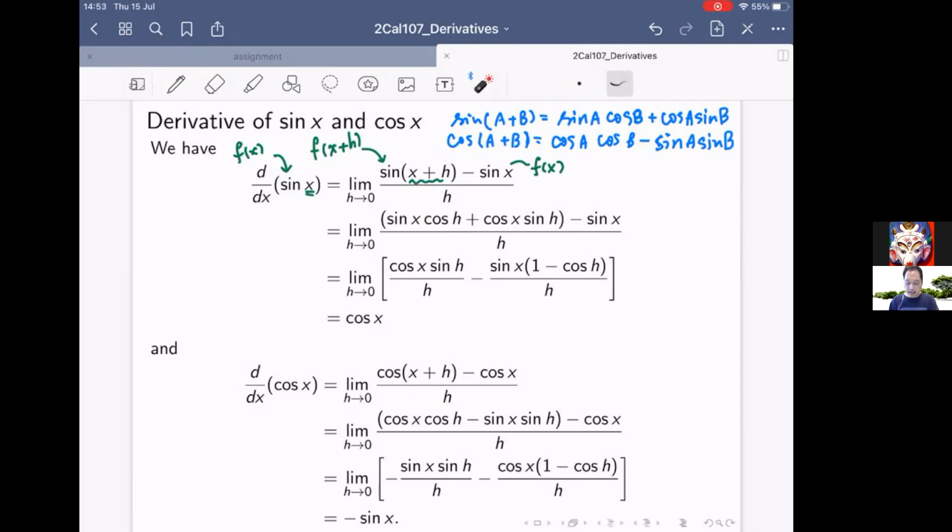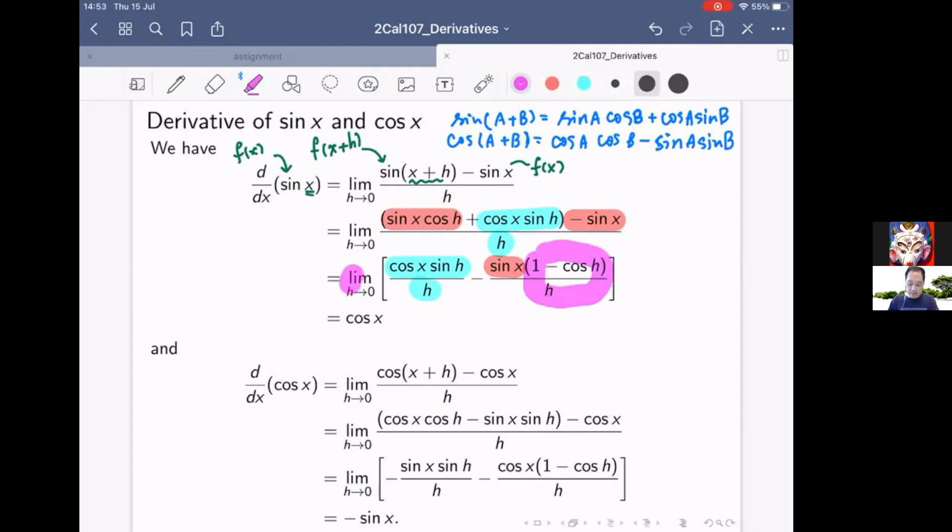And then you manipulate a little bit by looking at this one. Just move it here, but for the rest, you have a common factor of sine x, right? And then the rest is 1 minus cosine h over h.